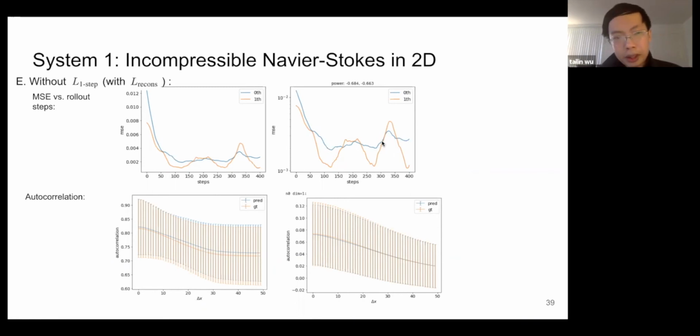Therefore, from this evaluation, it seems that the reconstruction loss has a better effect than the one-step loss to ensure this faithful learning. And actually, we might only need this reconstruction loss. We might not need the one-step loss in order to learn this model well.